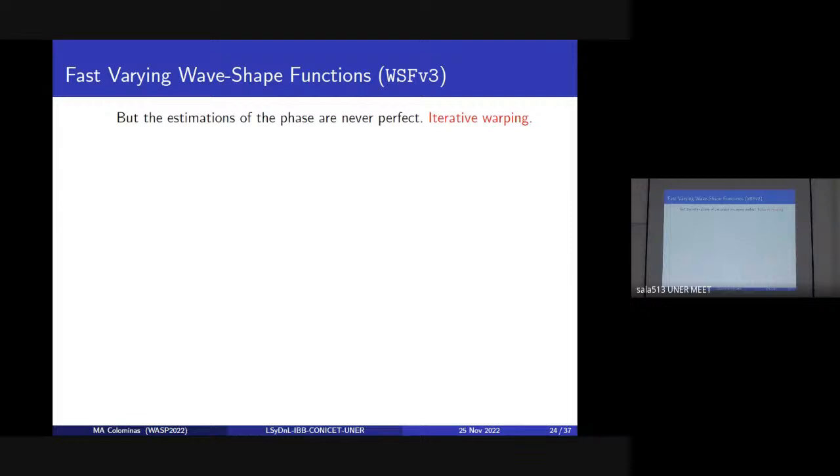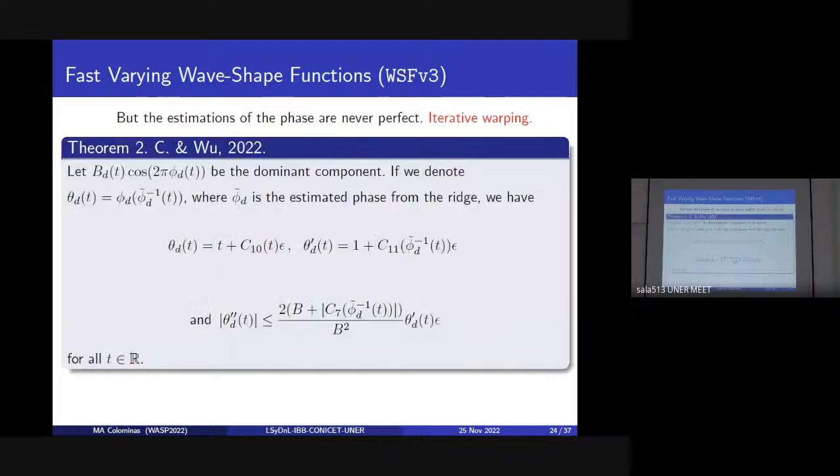Now you warp your signal, still it is not like a constant frequency signal. You can do it again, and again, and again. The problem with these iterations is that you might not have a convergence guarantee. Luckily, we do have one, and also a practical criterion to stop your iterative process. But we'll see about that.